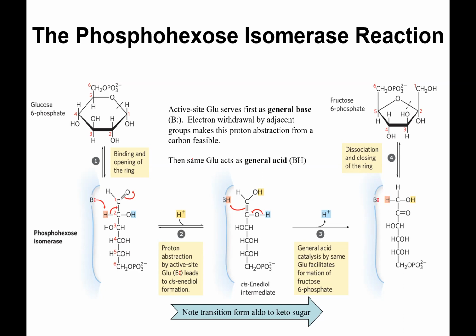So notice a few things. This is not identified here as glutamate, but it is in fact the active site glutamate that is serving as a general base. And what does it do? It abstracts a proton from our linearized glucose molecule.